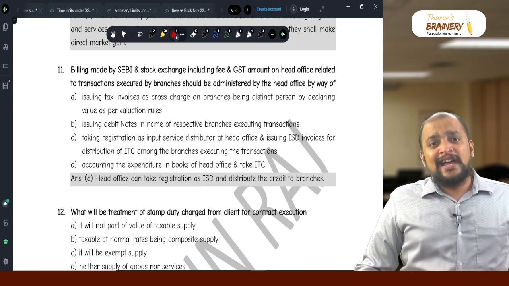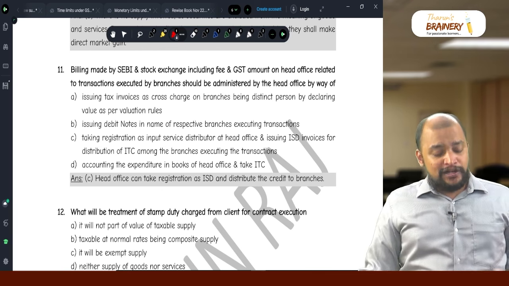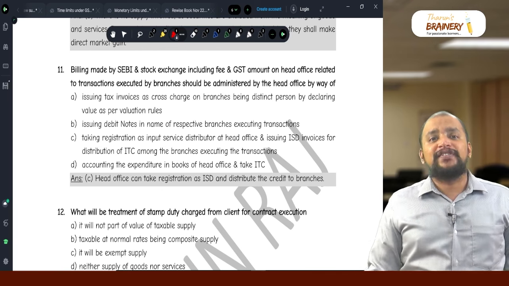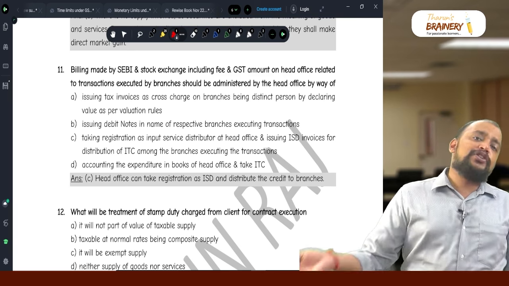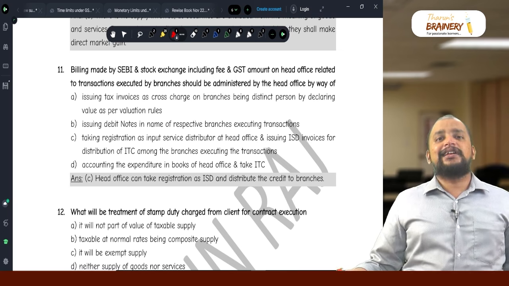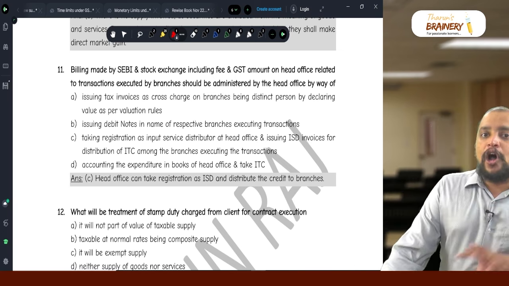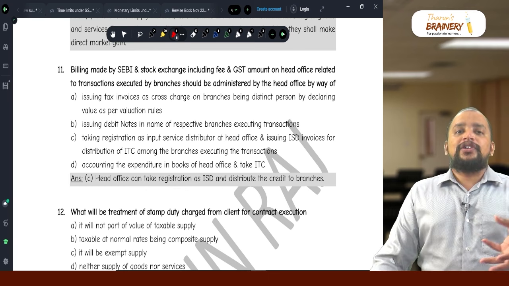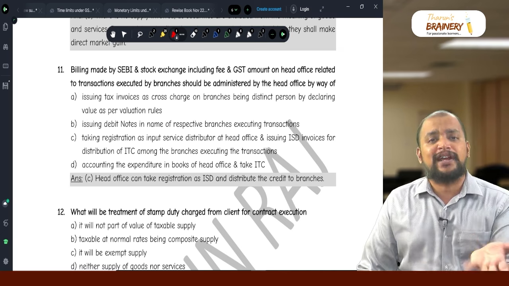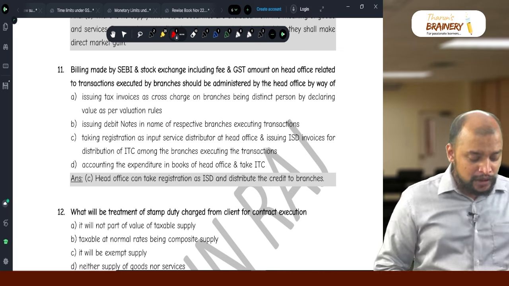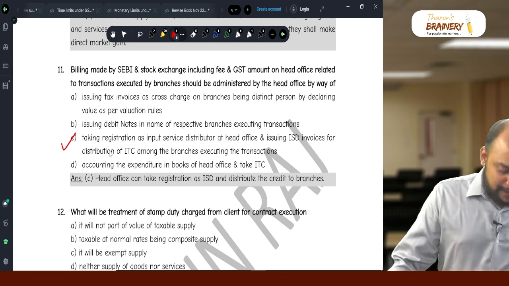In that case, the head office cannot simply take the credit, because these are transactions related to the branch offices. The head office should register as ISD and distribute that GST credit. Whether the credit is available or not is the next story, because even if it may be blocked or ineligible credit, they should register as ISD and distribute that ITC, and the recipient, if eligible for ITC, will take it, otherwise not. Therefore it is C: head office should take registration as ISD and distribute the credit.